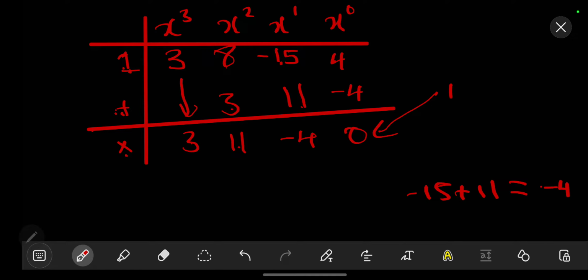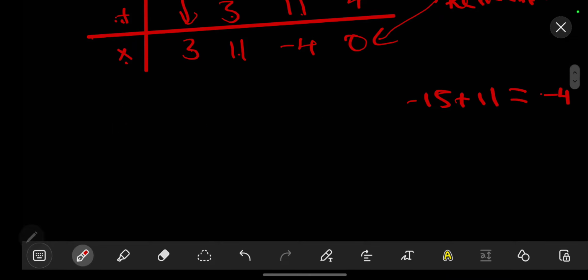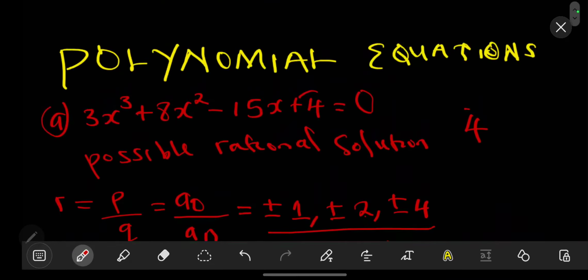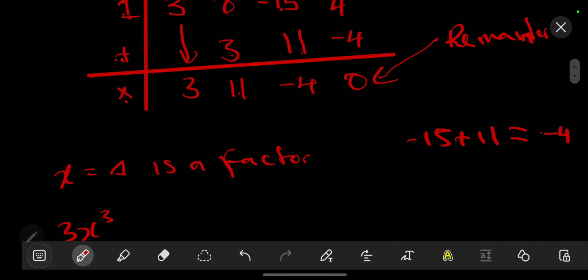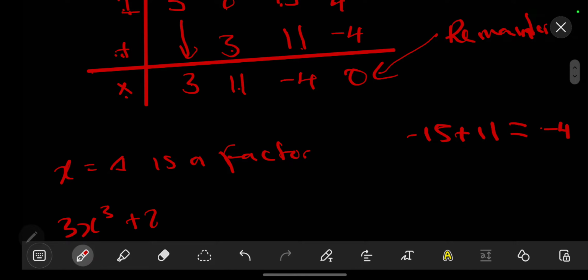If it gives you the remainder of 0, it means it is a factor. So x is equal to 1 is a factor. The equation is 3x to the power 3 plus 8x squared.